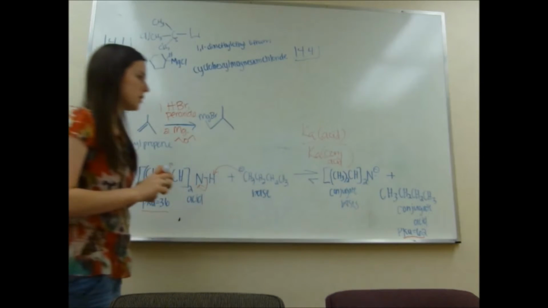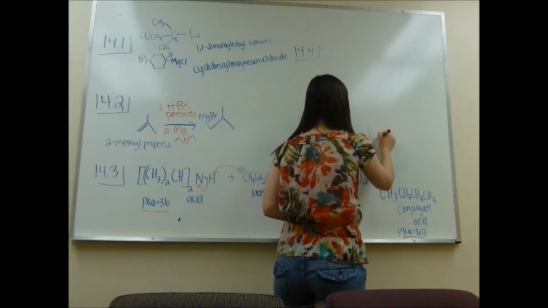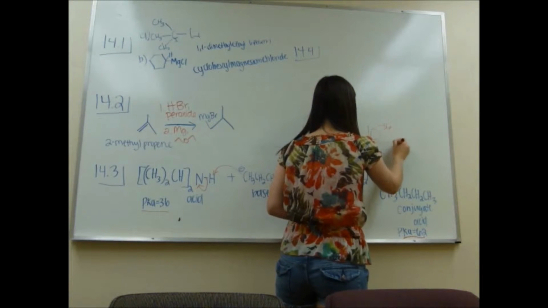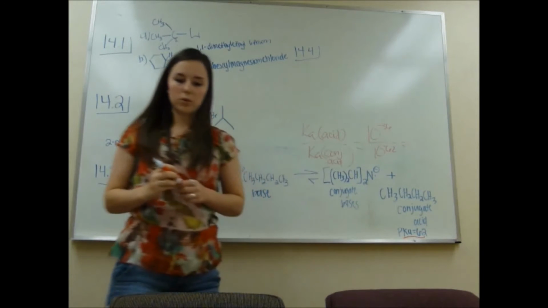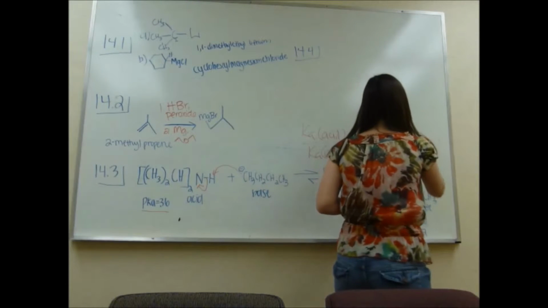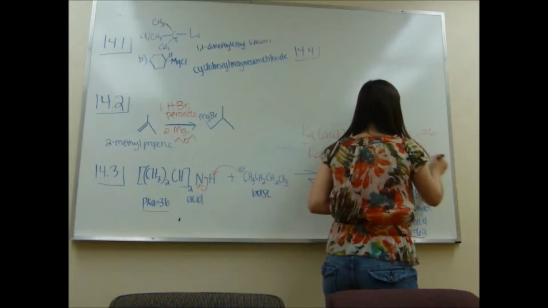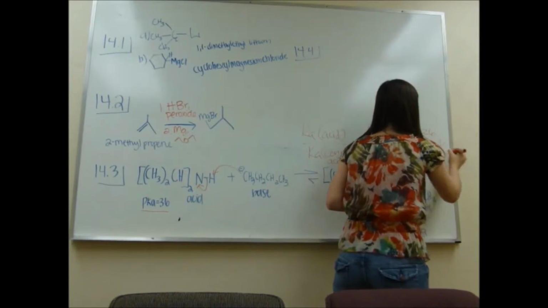So in this case, it's going to be 36 divided by 62. And when you subtract those, you get 10 to the 26. So that is going to be your K.